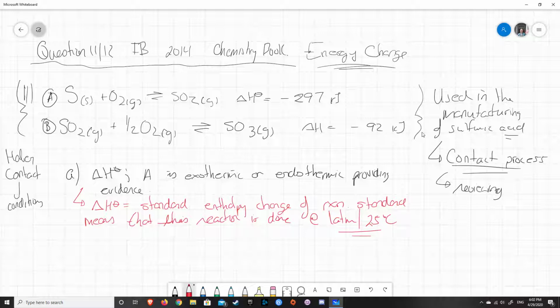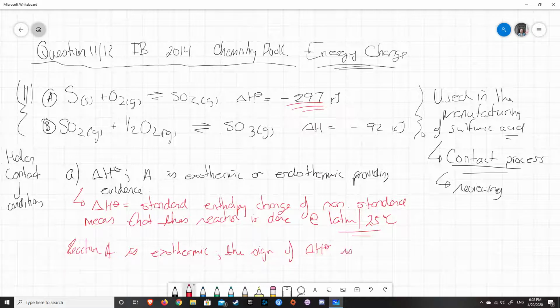And the second part, reaction A: is it endothermic or exothermic, and provide evidence. So you just need to look at the information that they give you, and you say, okay, reaction A is exothermic, and the evidence is just that the sign of delta H naught is negative.